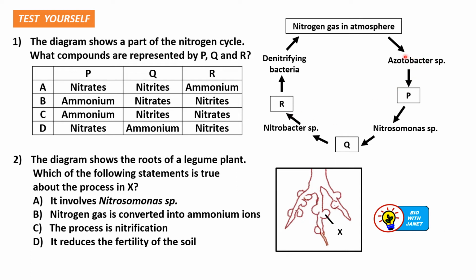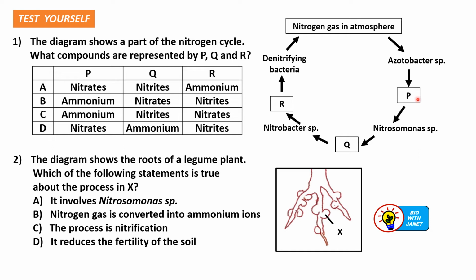So here you have to note the microorganism or bacteria that is involved. For example, here from nitrogen gas, by the action of Azotobacter species bacteria, P is formed. All right. So if you think carefully, Azotobacter species converts nitrogen gas into what? Yes, into ammonium compounds, not nitrates, right?